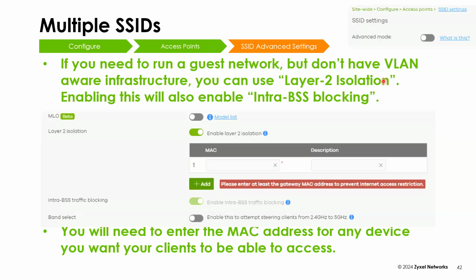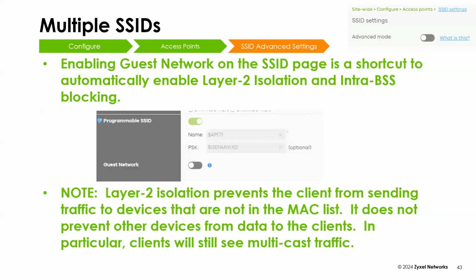So why is that? Usually the cause of that is multicast. So you've got devices on your local network that are sending broadcast multicast packets out, and those will automatically get passed to the wireless users. So they can see those multicast packets, but again, they can't respond to them or send any data back. So they can see some information from your network, but they aren't able to access anything on that network.